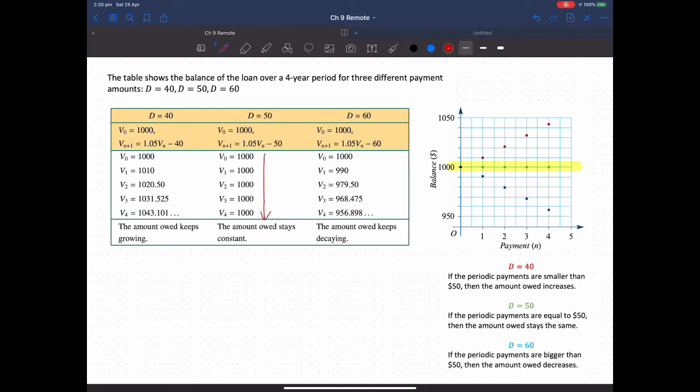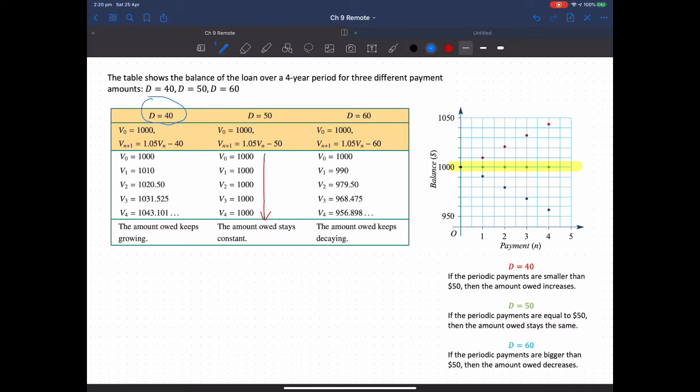Now we're going to consider the situation where the repayment is less than the interest. So this is the case where D equals 40 in our table.